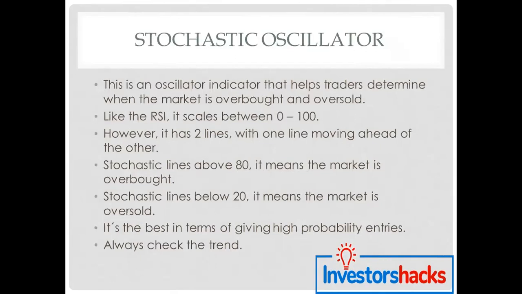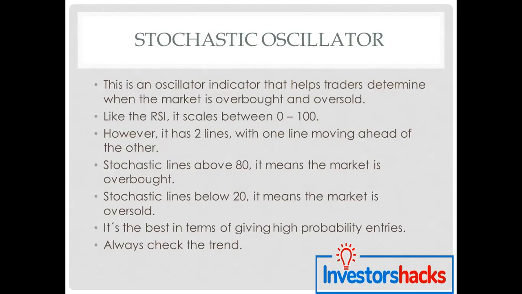We begin with the stochastic oscillator, and this is an oscillator indicator that helps traders determine when the market is overbought and oversold. It's similar to the RSI, whereby it scales between 0 to 100. However, the stochastic is different from RSI in that it has two lines, with one line moving ahead of the other, or one line moving faster than the other.